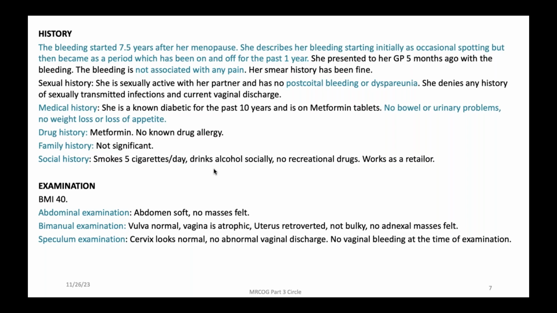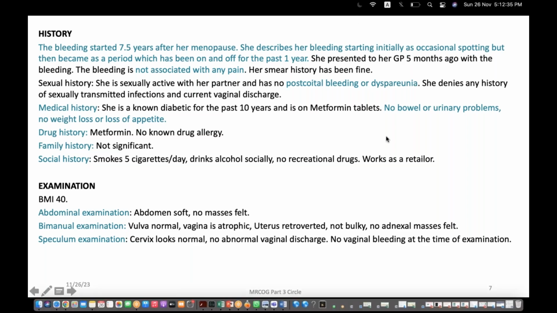On examination, you just pick up she has a high BMI and everything looks kind of normal. So you still don't have an idea regarding the possible reasons. My next question would be, what would be your next step? You examine this patient in the clinic, what are you going to offer her next? That would be basically in terms of investigation.